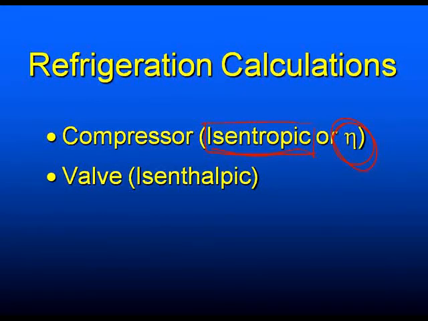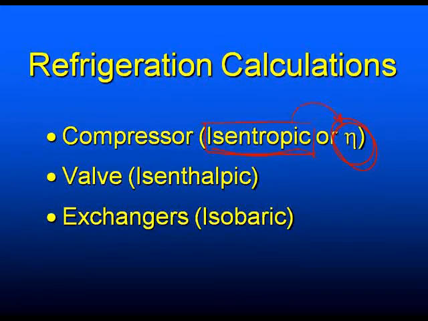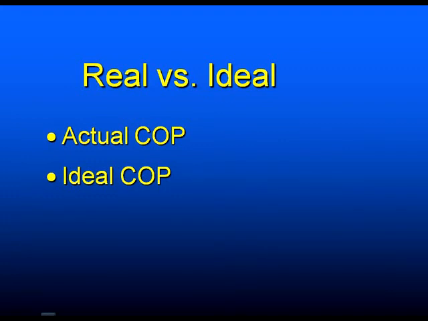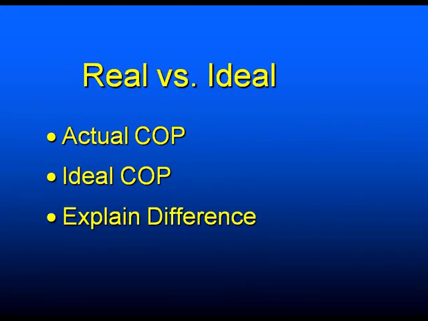You're given an efficiency, and then you apply the efficiency to the ideal work to find the real work, like we've done here. And we've looked at exchangers, which are isobaric. We've assumed they're approximately constant pressure, or neglected any pressure drop. We've looked at the real versus the ideal, the actual coefficient of performance, the ideal coefficient of performance, and now we need to explain the difference.